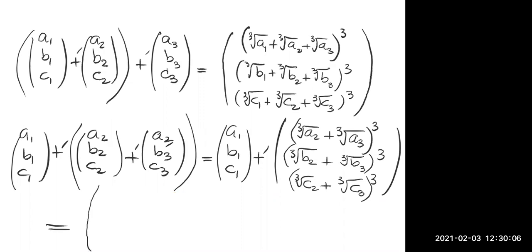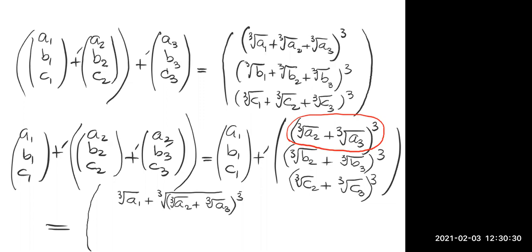Again, the rule says the third root of A1 plus the third root of whatever is the first component of the other vector, which is this number right here. We should just write that all here. The third root of A2 plus the third root of A3, the whole thing raised to the power 3.